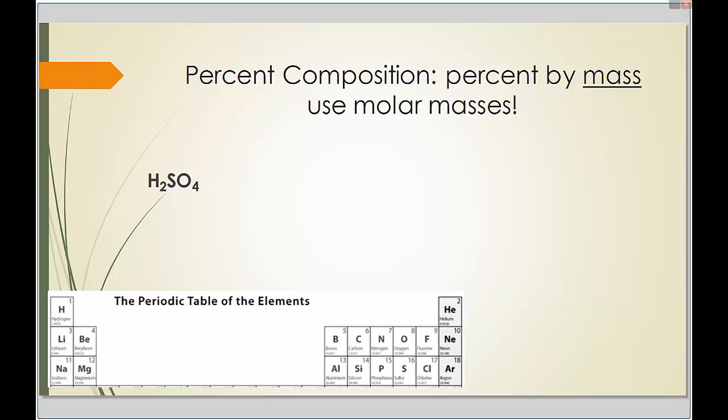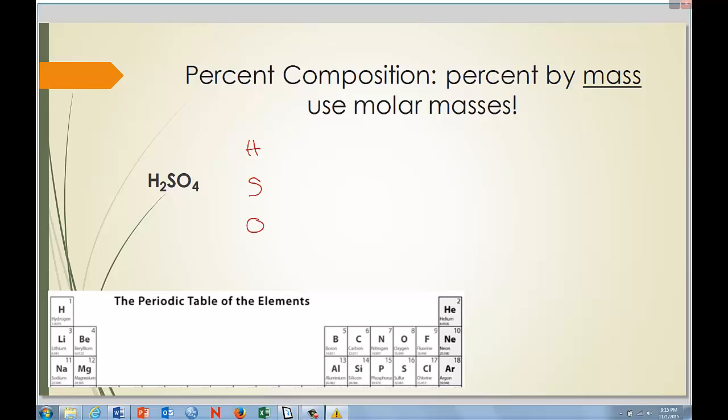Let's do sulfuric acid. We have hydrogen, sulfur, and oxygen. Hydrogen is here. We have 2 of them. 1.0 is the mass. That comes out to be 2.0. Sulfur is here. We have 1 sulfur, and its mass is 32.1.